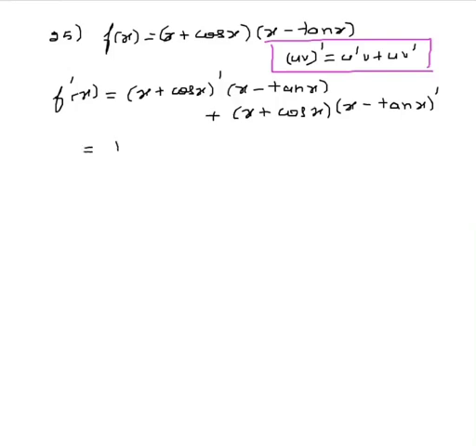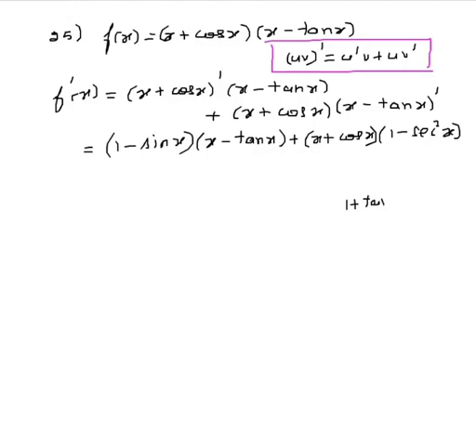The differential of x is 1 and the differential of cos x is minus sin x, times x minus tan x, and the second term plus x plus cos x. The differential of x is 1 and the differential of tan x is secant square x. And we have an identity: 1 plus tan square x is equal to secant square x.